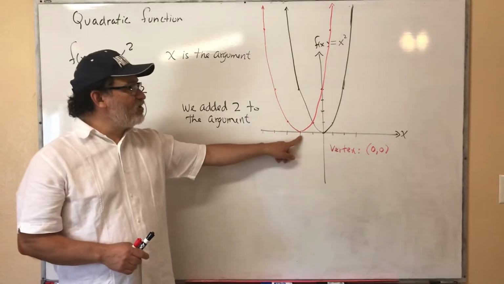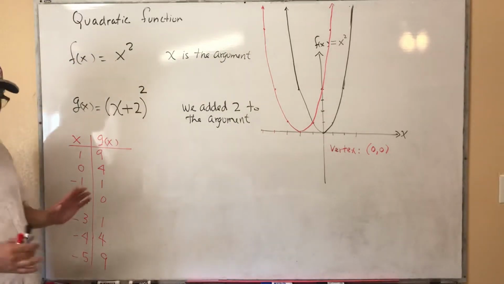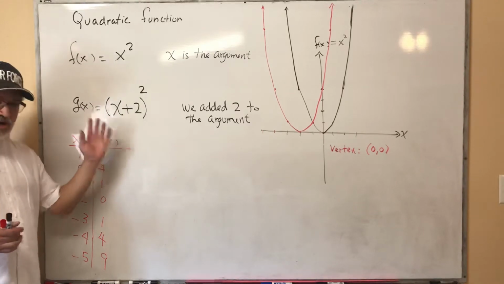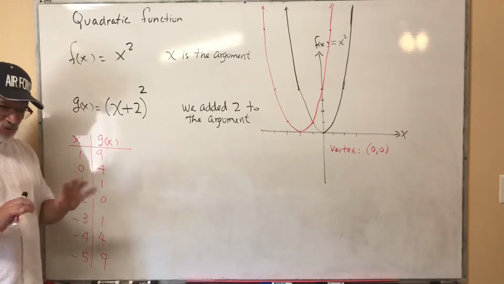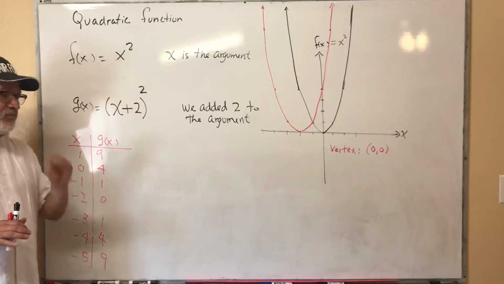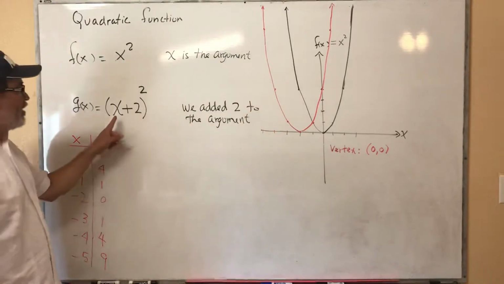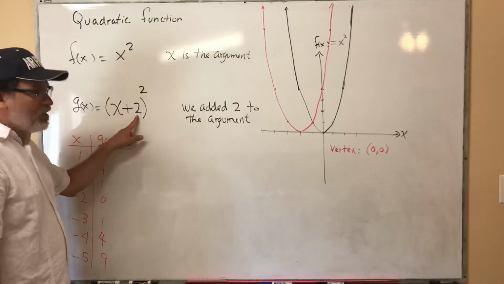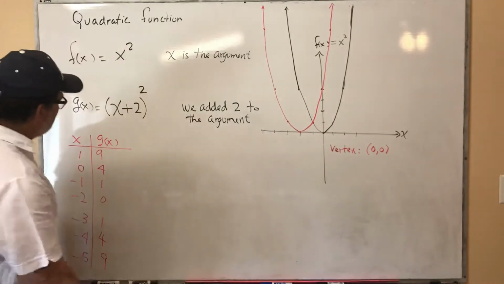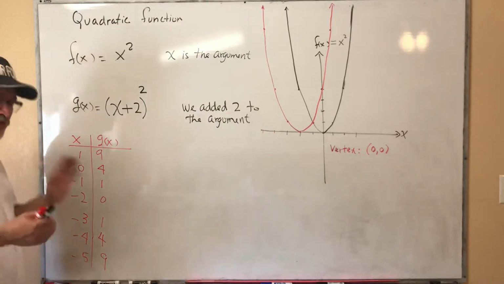We went left. When you add to the argument, it's a horizontal shift in the opposite direction. I bet you if I say x minus 2, it would have moved 2 units to the right. Very good.